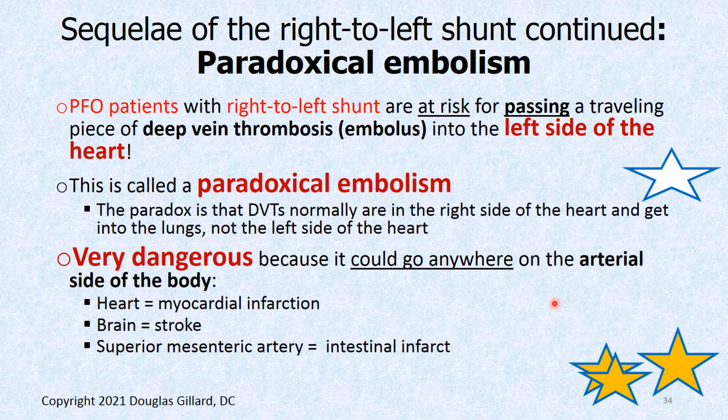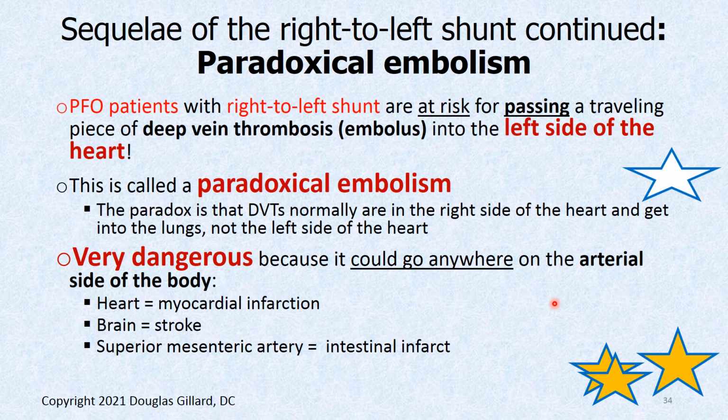Anytime you have pulmonary hypertension, you're at risk for pushing an embolism from the right to the left, as we already talked about. And if you have a stroke and on CT they see an embolism stuck in your middle cerebral artery, and they did an ultrasound of your lower extremities and found you had DVTs and still have some DVTs, then that can be called a paradoxical embolism.